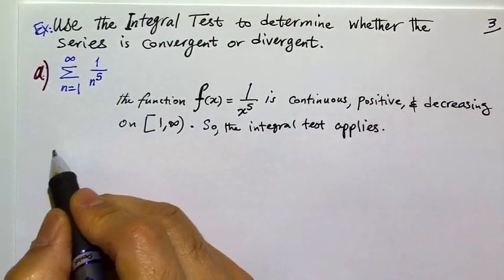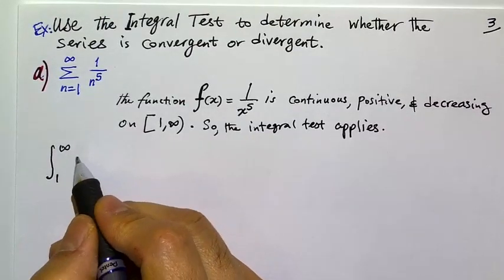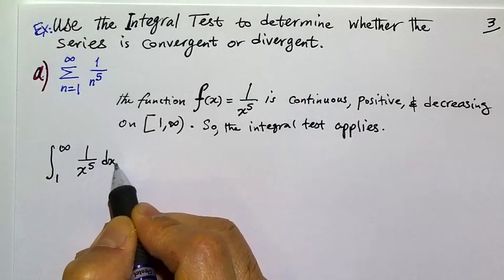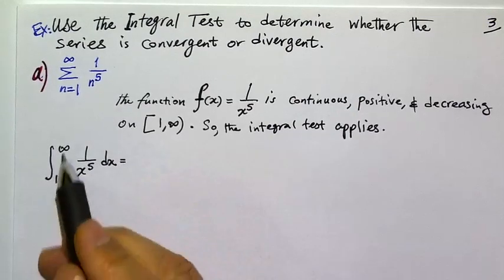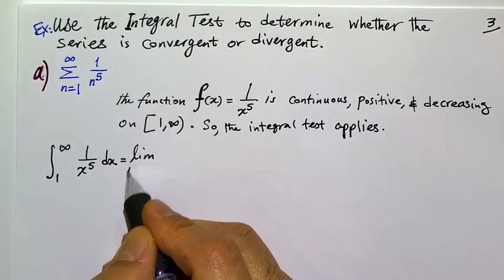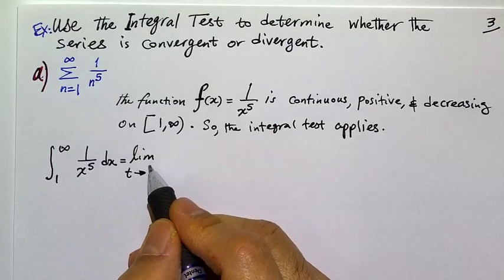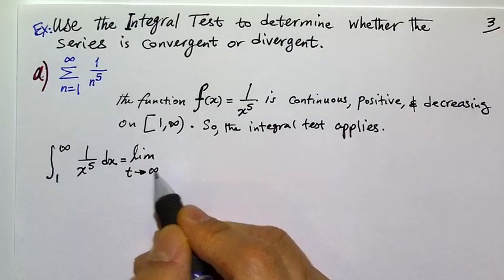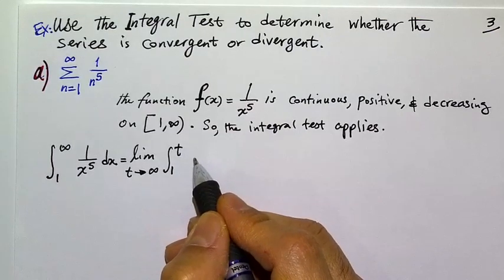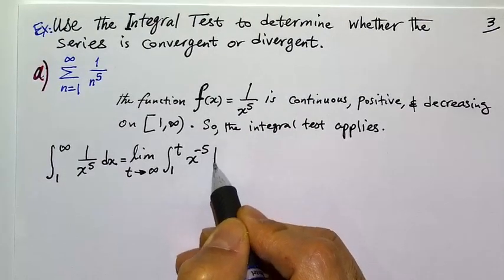Okay, so based on that, let's take the integral from 1 to infinity of 1 over x to the 5th power dx. And of course, this is an improper integral. We've learned how to handle these. So we'll replace the infinity with a t variable. So 1 to t of, and let me rewrite this so it's easier to integrate.